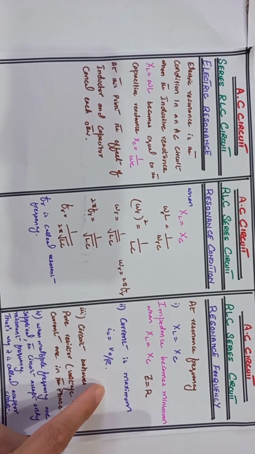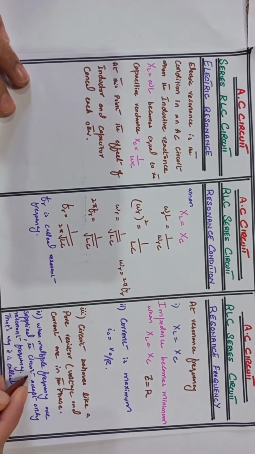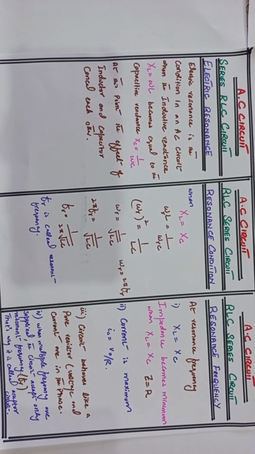The second point is that the current is maximum. The third is that the circuit behaves like a pure resistor, and we know that the voltage and current are in the same phase. And the series resonance circuit is also called the acceptor circuit because when multiple frequencies are supplied, the circuit accepts only the resonant frequency. And the resonant frequency is denoted by F sub R. That is all we discussed today.